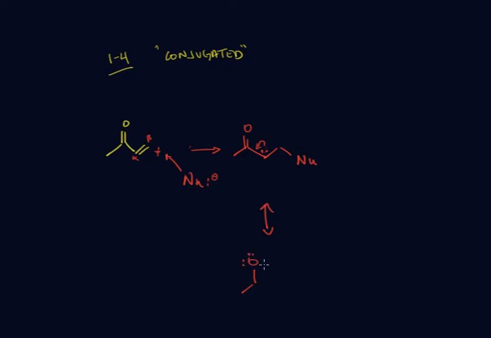So that'll look a little something like this. And so you've got both of those options. I'm going to show you right now why this one is favored. At this point, you would protonate. Sorry, this has a negative charge up here.